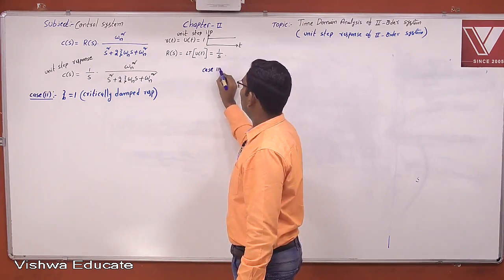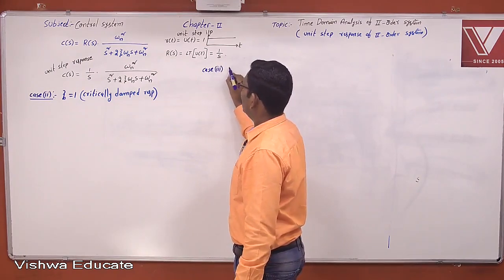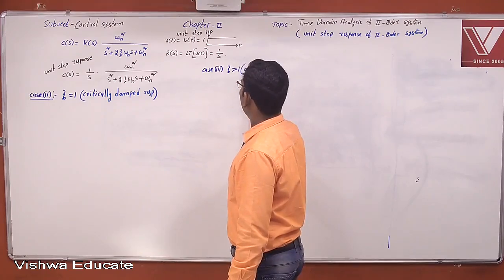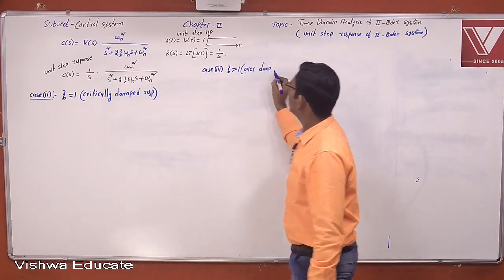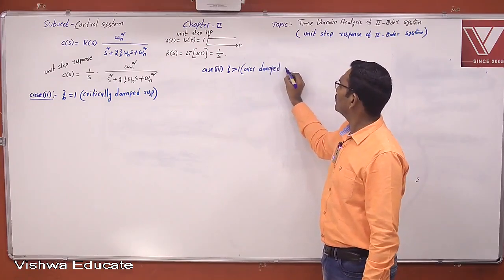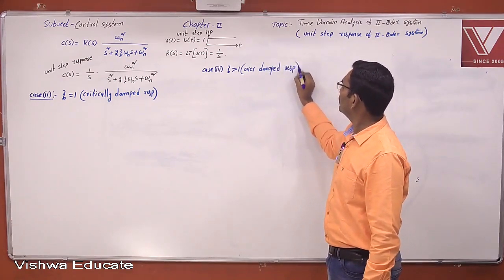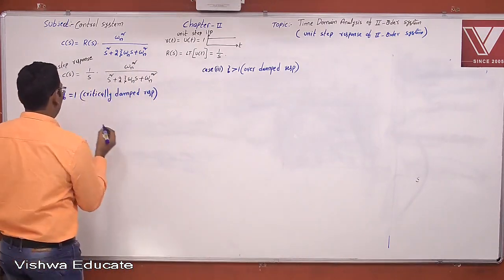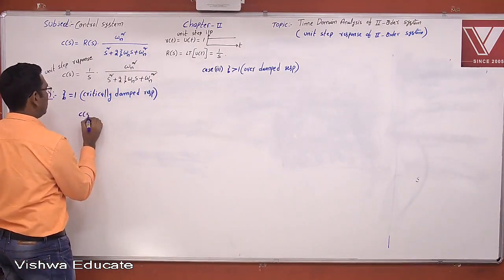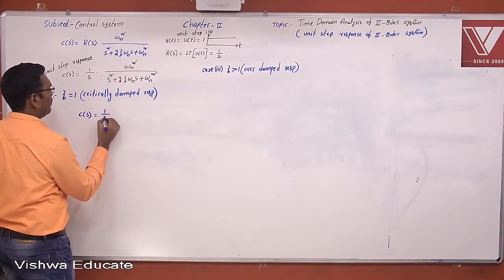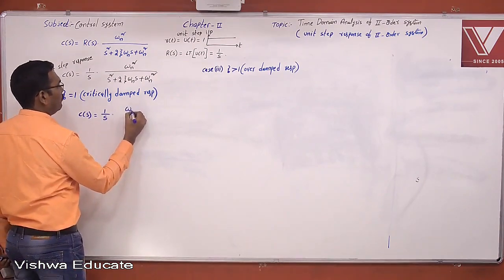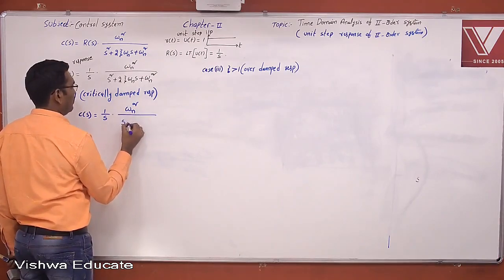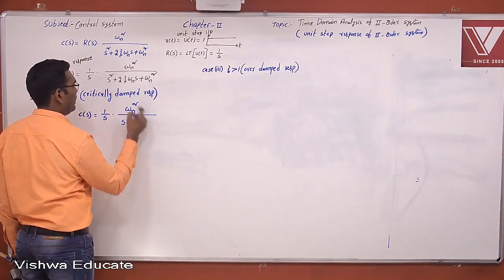Case 3: damping factor zeta greater than 1, overdamped response. Now C of S equals 1 by S into omega n square by S plus omega n whole square, for zeta equal to 1.